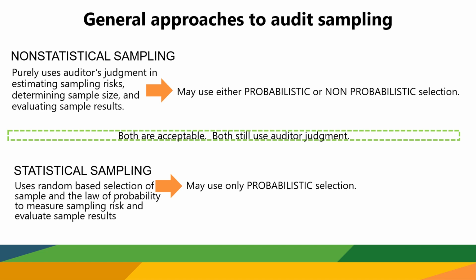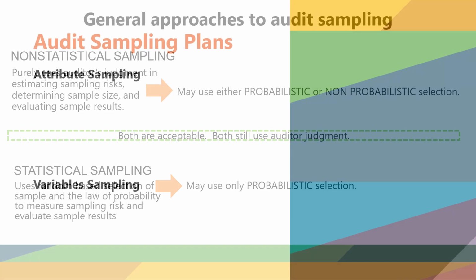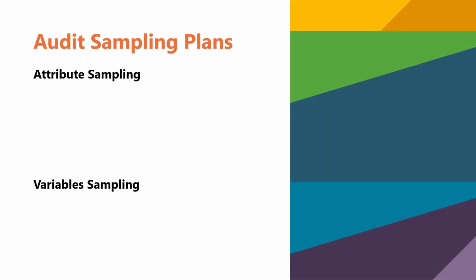Having said that, we then get to see that statistical sampling carries a more selective or more strict approach to sampling. But regardless, both are acceptable. Now, what are probabilistic and non-probabilistic selection methods? We'll talk more about that in the next few slides. All right. So, for now, let's visit what are the two types of audit sampling plans.